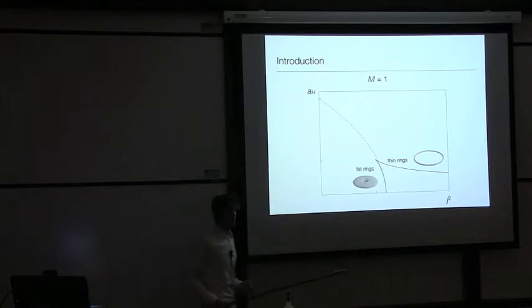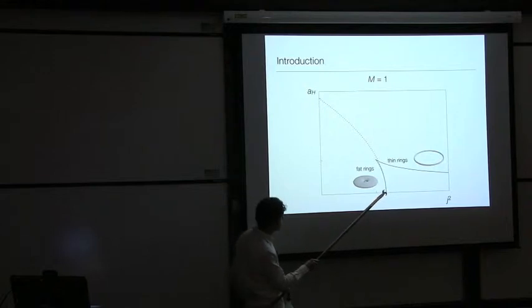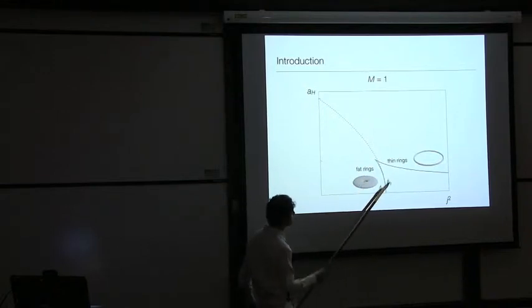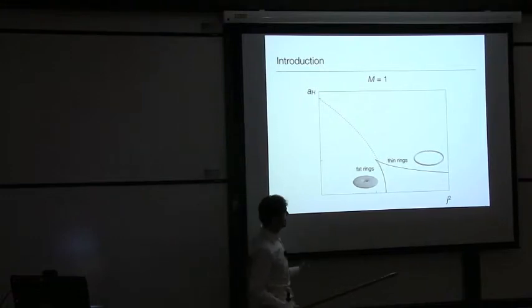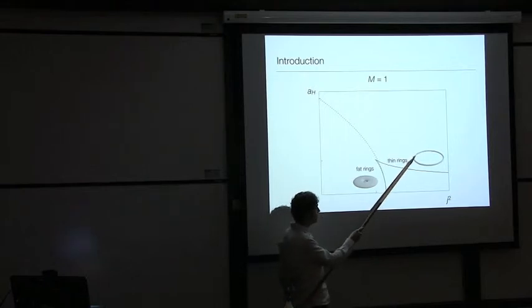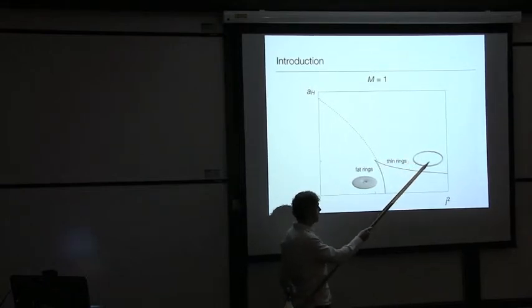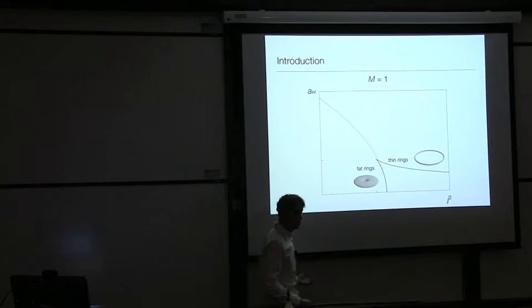So apart from the spherical black hole, we have black rings. These are represented in this phase diagram by this curve. So rings fall into 2 families, which are called thin and fat, depending on the relative ratio between the thickness of the 2-sphere of the horizon and the size of the hole in the middle.